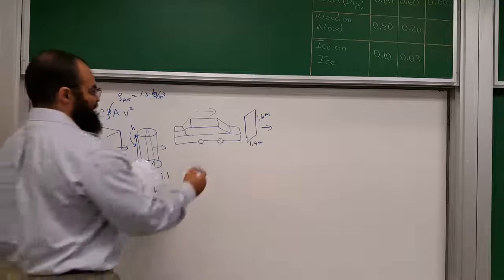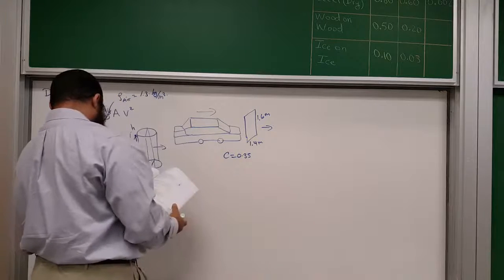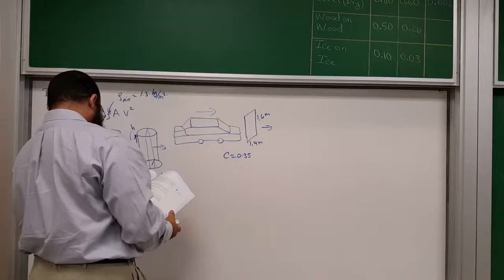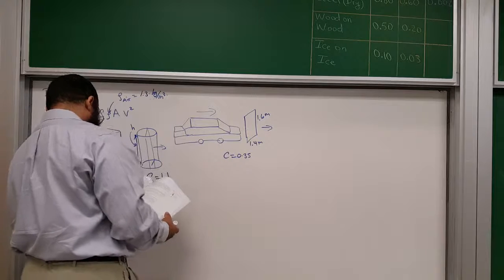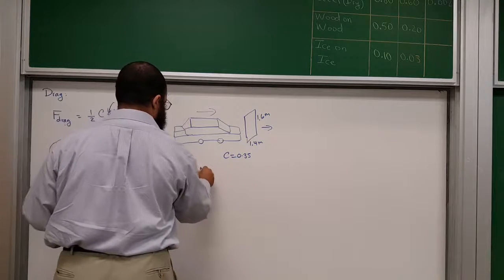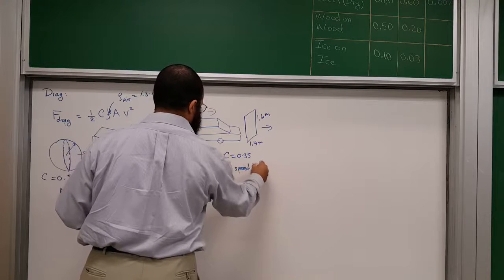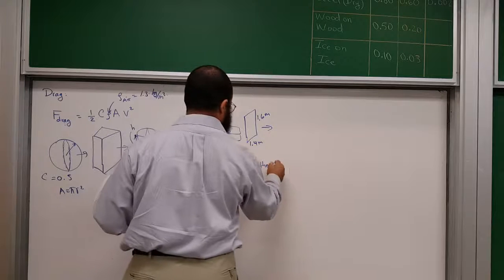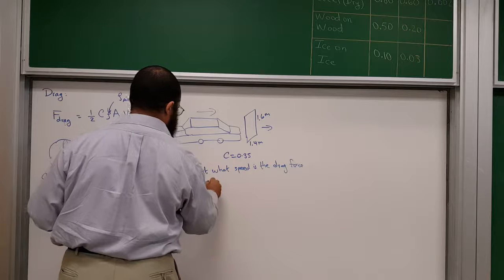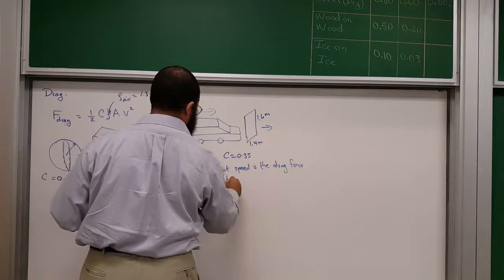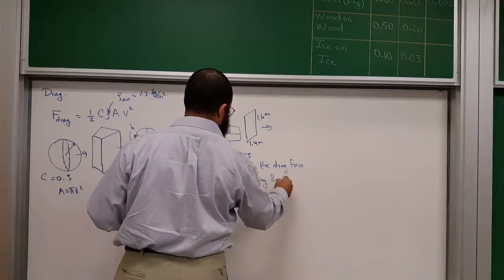And let's say C is 0.35. They ask: at what speed is the drag force equal to the rolling friction force?